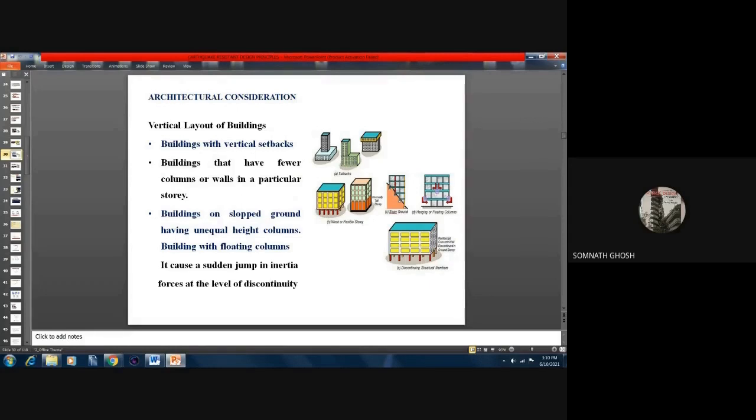So if the stiffness of the columns changes to a great extent between floors, that is also not good under earthquake. The other one is the right one. They extend the beams and then start constructing the column underneath. These are also not at all good for a seismic situation.